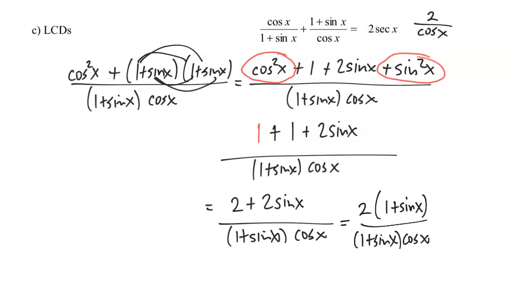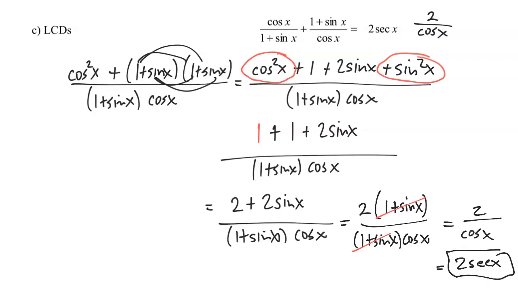And so now I'm going to be able to cancel what I want to cancel. And so 1 plus sine x is going to cancel in the numerator and the denominator. That's going to leave me with 2 divided by cosine x, which using a reciprocal identity will equal my right-hand side of 2 secant x.